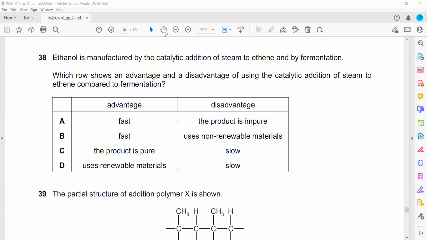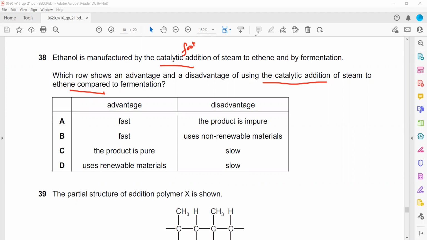So which row shows an advantage and disadvantage of using catalytic addition of steam compared to preparing by fermentation? So what are the advantages here? The advantage is that catalytic addition is fast, but the disadvantage is that it uses non-renewable resources.